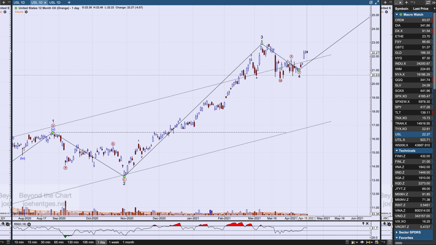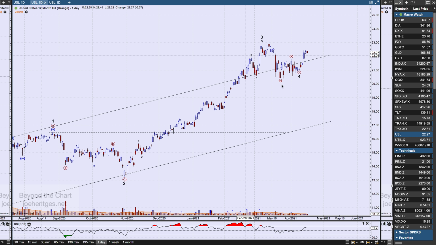I was really confused as to what might be going on, but as I drilled down and looked at the intraday data, it became clear to me that we had a corrective wave pattern here: a W, a flat, an X wave, and then a small triangle, in terms of WXY. And I believe that we have now broken out and have started the fifth minor wave higher.